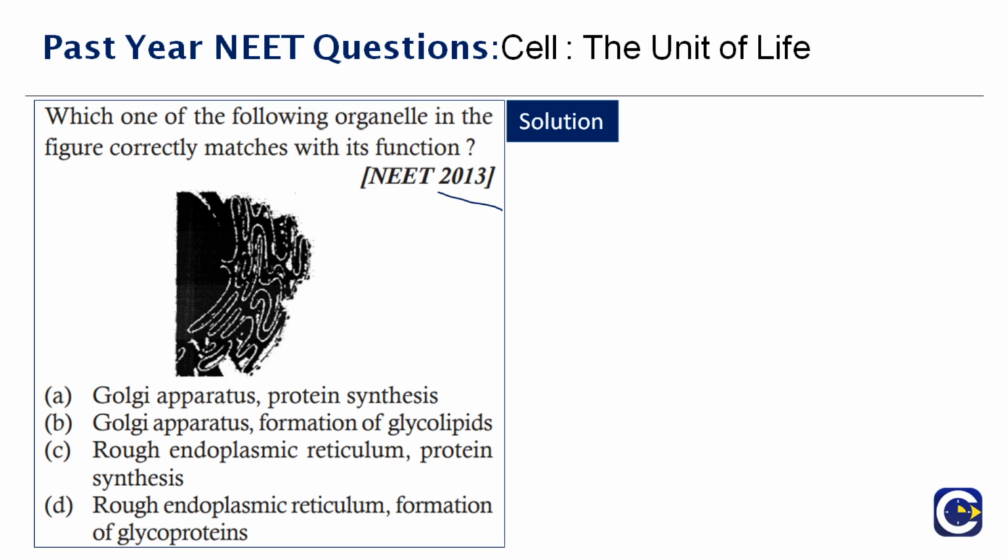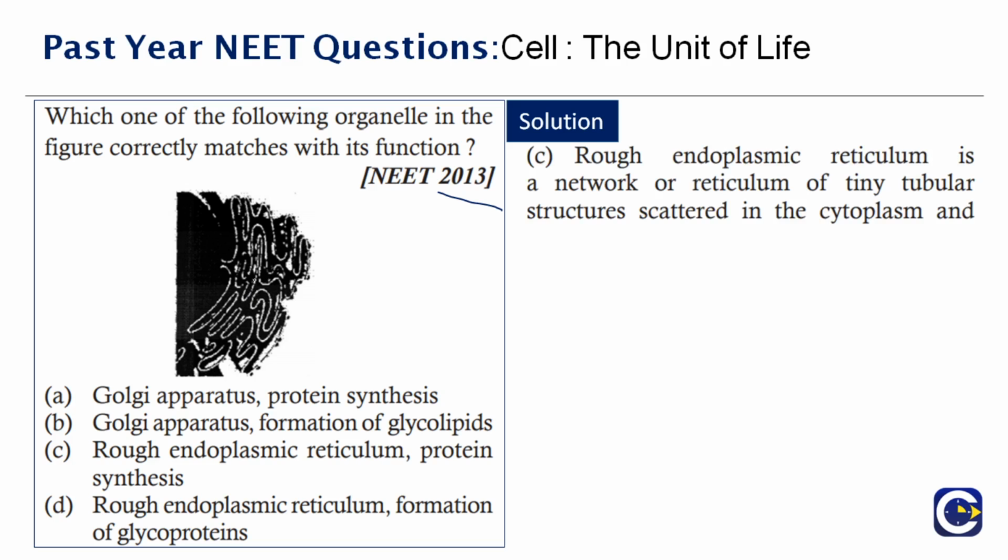It is very important that you identify it first. Any idea what this diagram is? It's the rough endoplasmic reticulum. As we all know, endoplasmic reticulum can be smooth or rough.